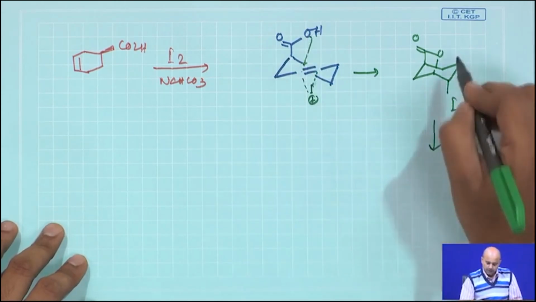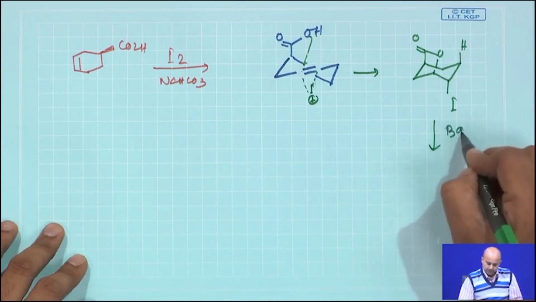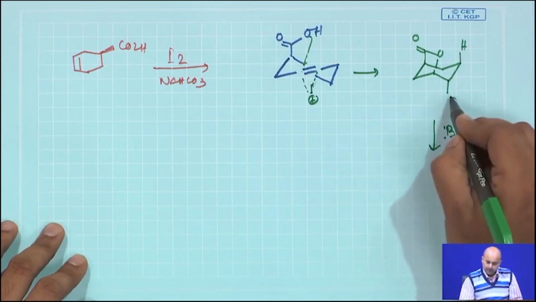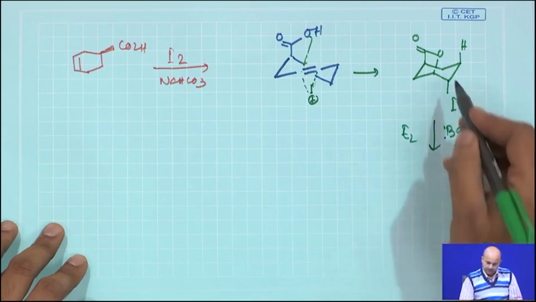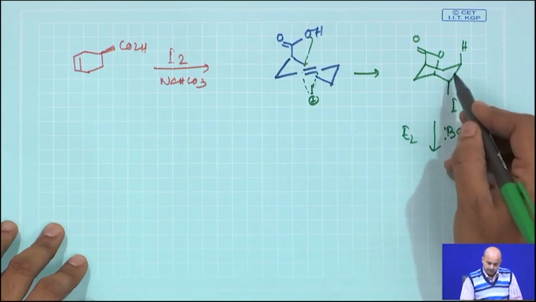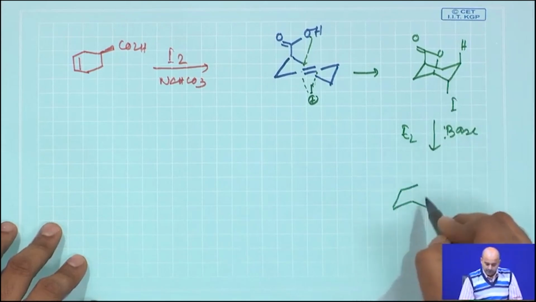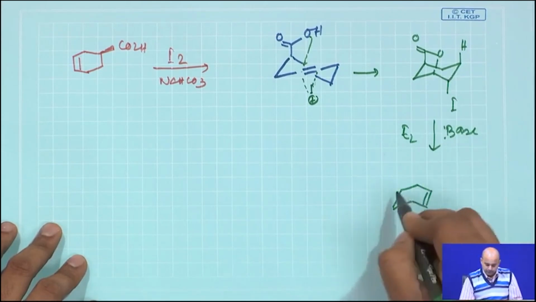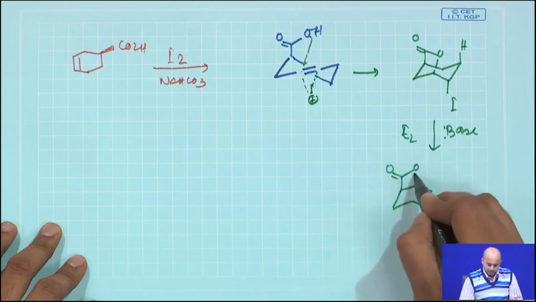Now, this is having a hydrogen here, this is having a hydrogen here. So, with base, the anti-periplanar arrangement allows E2 elimination to take place nicely. Now, if this E2 has to take place, the ring will not be a chair now, it will again be a half chair kind of thing. That is why we put the half chair lactone.